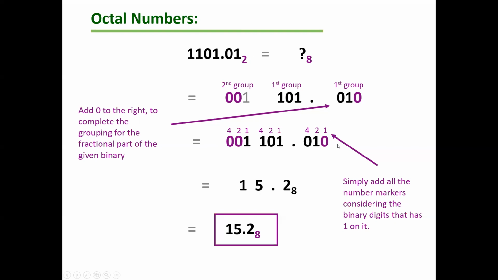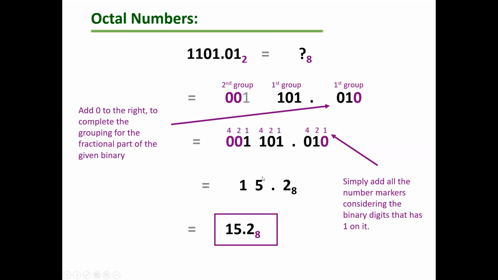So the same pa rin, switches is 421. Ganun din sa ating fractional part, ang switches po natin ay 421. Pero wag natin kalimutan yung decimal period. Nandun pa rin yung location ng decimal period natin. Okay, to add yung mga switches natin na naka-on, para sa ating first group, ang naka-on dyan ay 4 at saka 1.